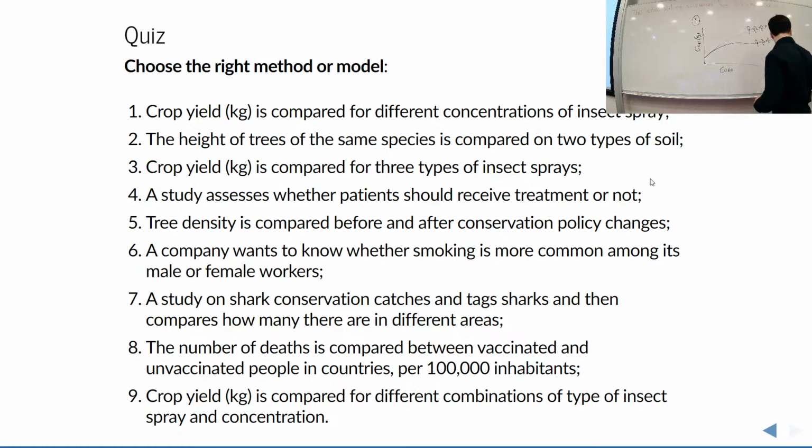So what would this study look like? This is number 2. It would look like this. Again, we have the crops. I'm just writing crops because it takes less time to write. And here we have treatment A, treatment B, and treatment C. Then I would probably summarize this with a box plot.